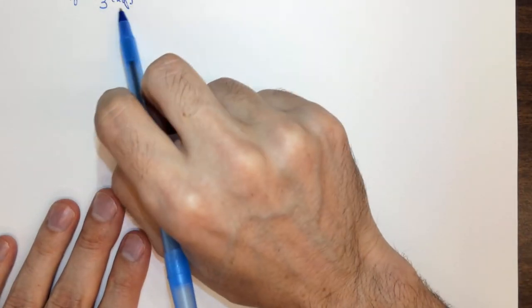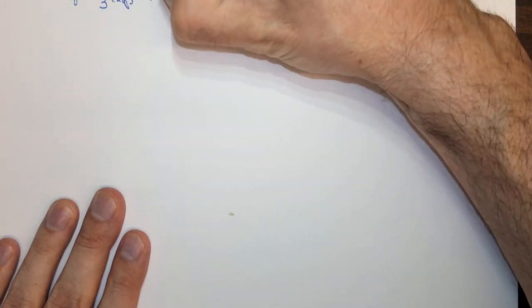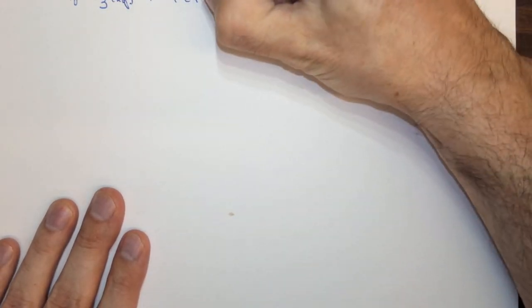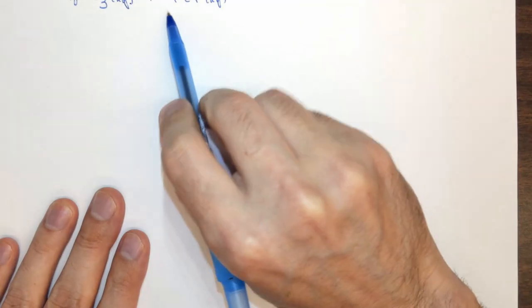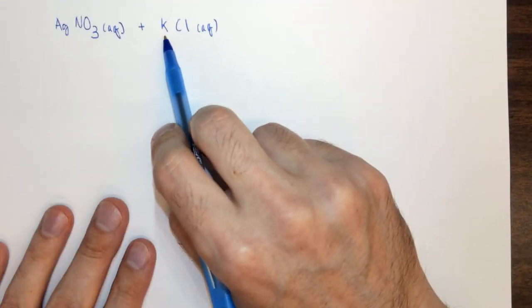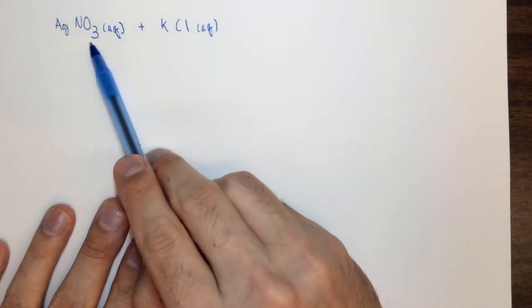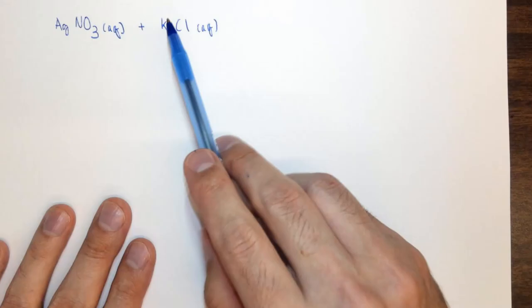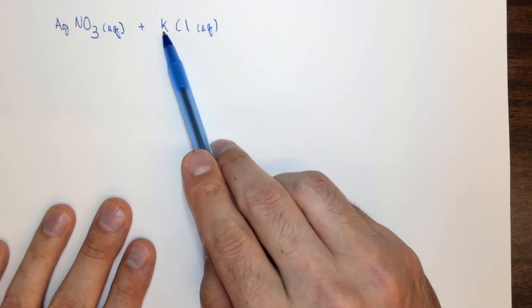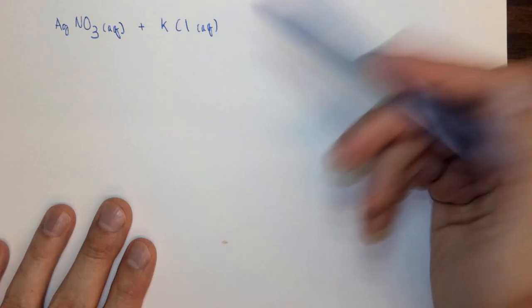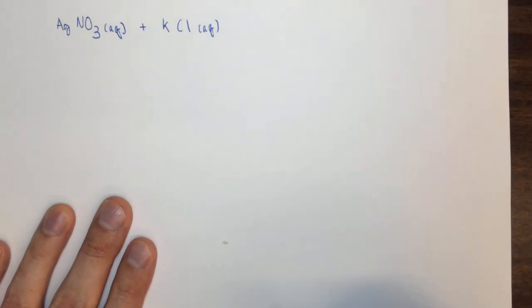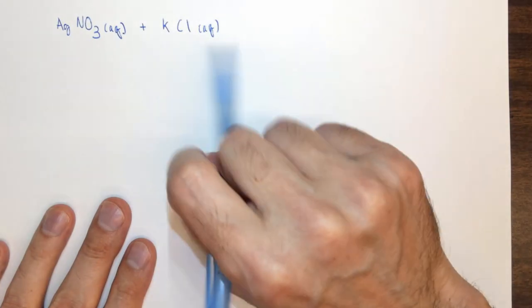So this will dissolve in water, so therefore it's aqueous. And we add to it KCl, aqueous, and all 1A metal compounds are soluble in water. So again, AgNO3 is soluble because all nitrates are soluble. KCl is soluble because all 1A metal compounds are soluble. Chloride also has a rule, which is soluble. So these two things will mix.